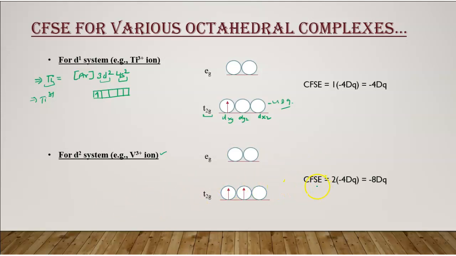So now we are going to calculate CFSE, but we will multiply 2 electrons present in T2g orbital with minus 4 dq, and it will result in minus 8 dq. I hope you understand why we are multiplying with minus 4 dq, because energy is lowered by minus 4 dq, or 0.4 delta O. That is one concept that we have discussed in previous slides.